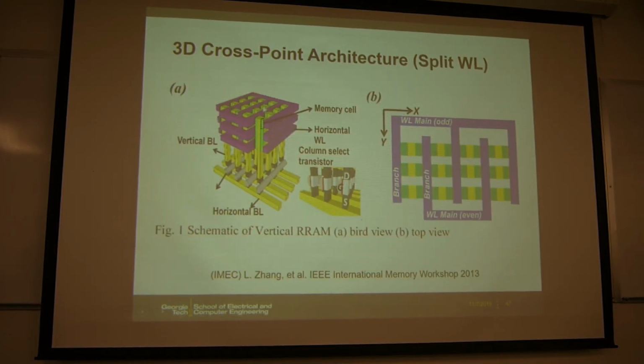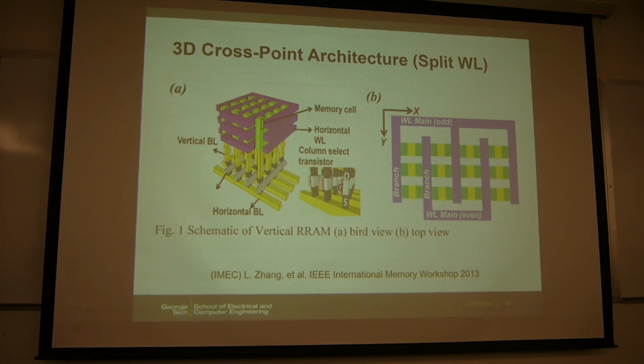And there are some other structures proposed by, I think, IMEC. Similar idea, we have the vertical electrode, so the cell is surrounding the vertical pillar. But this doesn't fly, I mean, after so many years.